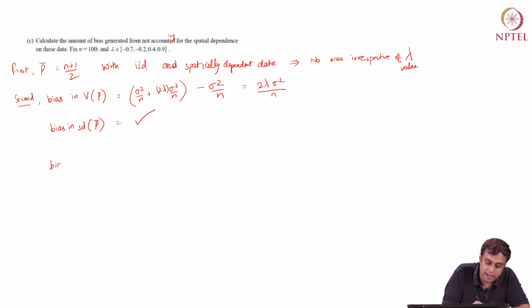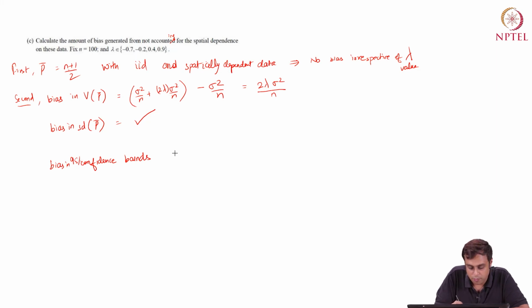So the bias in confidence bounds, more specifically the 95% confidence bounds, will originate from the bias in the standard deviation of p bar.